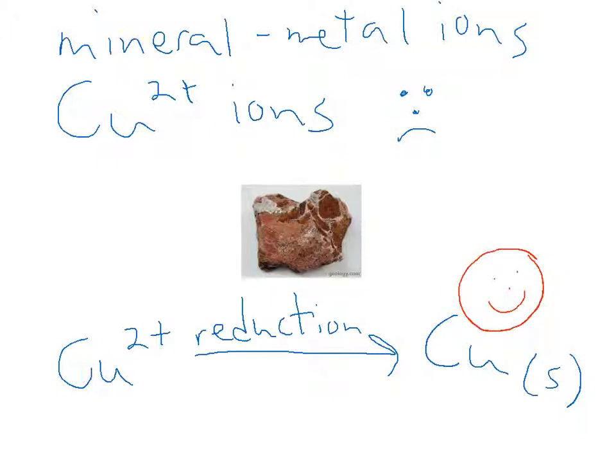This reduction process, as we've learned, involves electrons. Specifically, each copper ion that we start out with gains 2 electrons to become our stable copper atom.